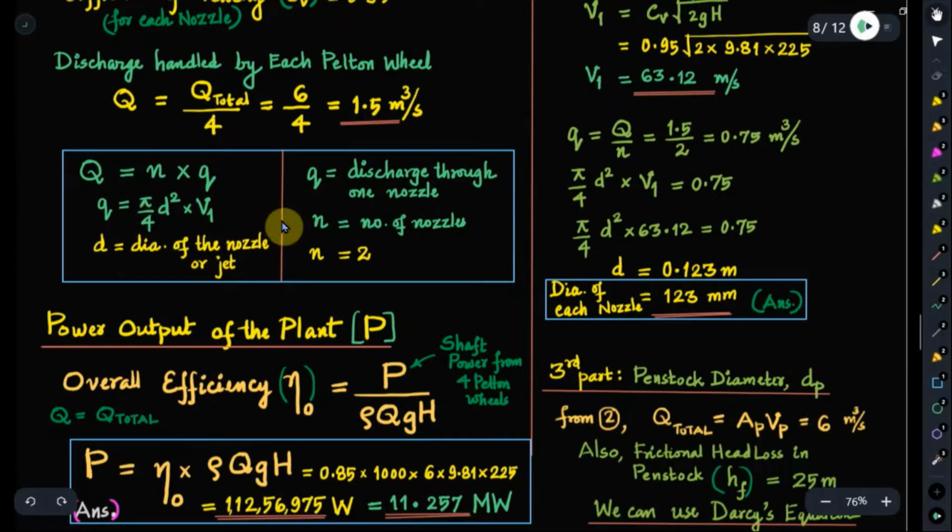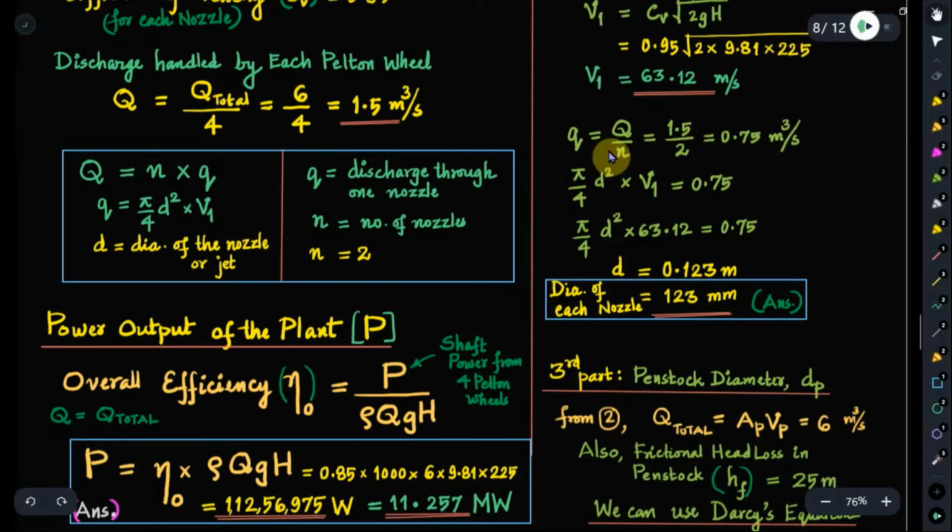So when you divide the discharge handled by one Pelton wheel by the number of nozzles, you will get the discharge through one jet, that is equal to 1.5 divided by 2. So it is 0.75 meter cube per second.